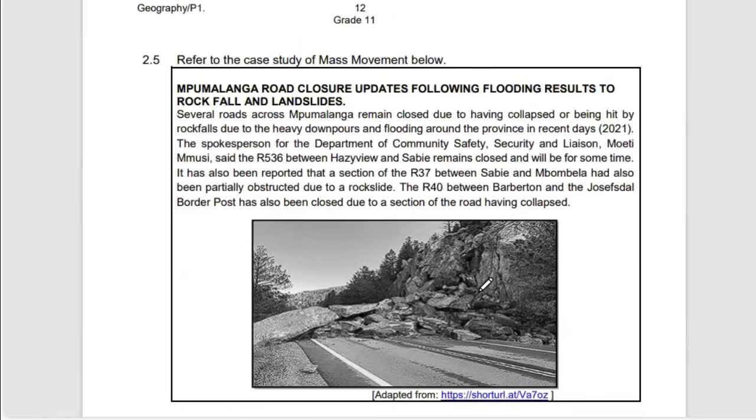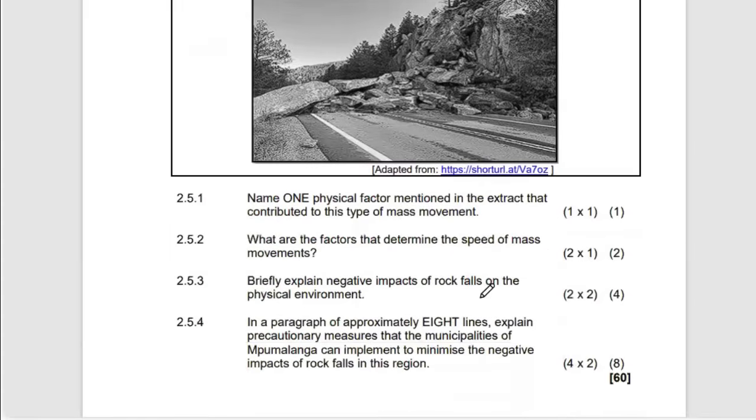Right, let's look at question 2.5. It talks about Mpumalanga road closure updates following flooding resulting in rockfall and landslides. It's a question on mass movements. Right, let's look at the questions. We are not going to go through the text. Name one physical factor mentioned in the extract that contributed to this type of mass movement.